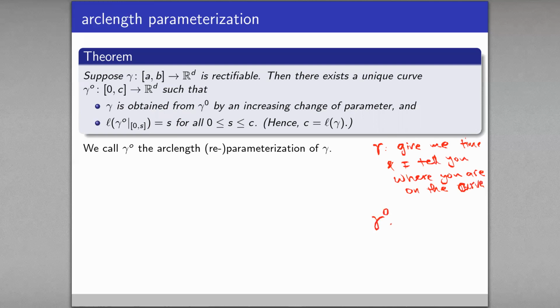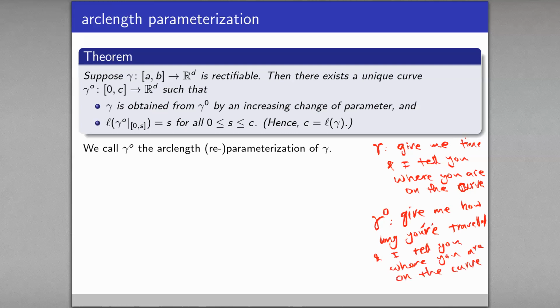But gamma 0 says, give me how far you've traveled, and I tell you where you are on the curve.